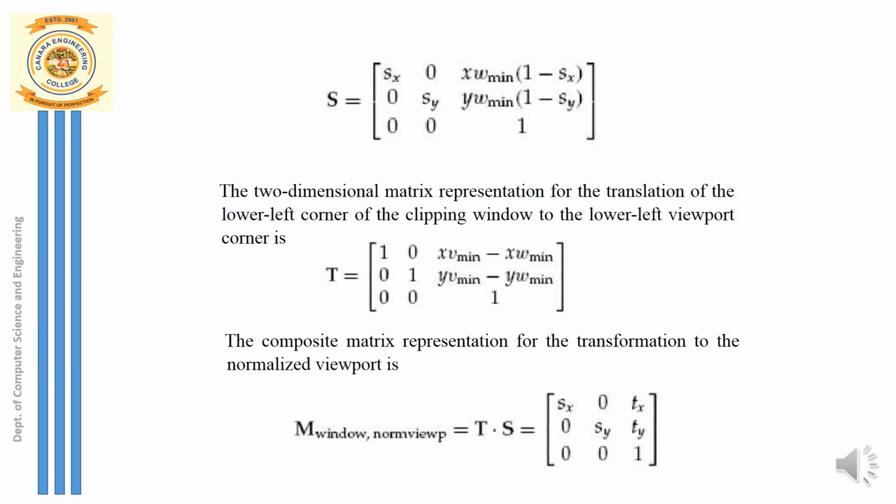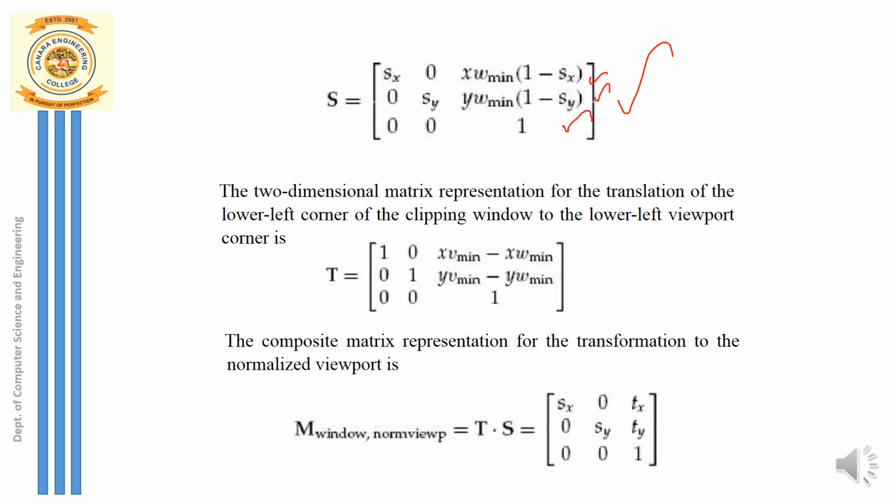And I can write whatever scaling we have performed in the form of a matrix. The scaling matrix would be a two-dimensional matrix. Why do I call it a two-dimensional matrix? I'm performing scaling along x and y. What about the z value? It is 1, so 0 0 1.